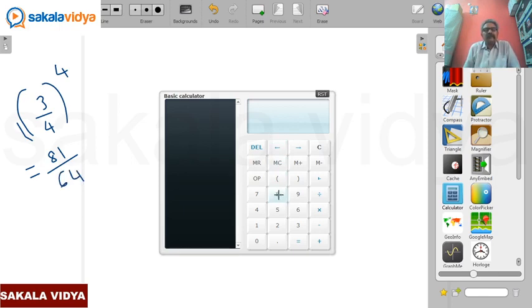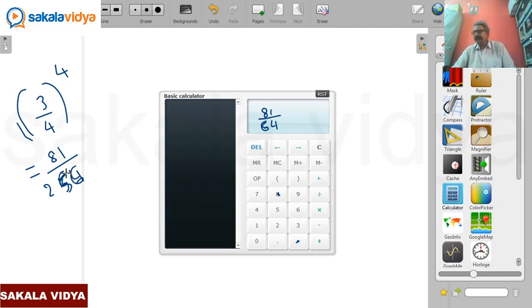81 by 64, let us try. No, sorry, 4 power 4 will be 256, I think. So yes, 256. This will be less than 0.7.